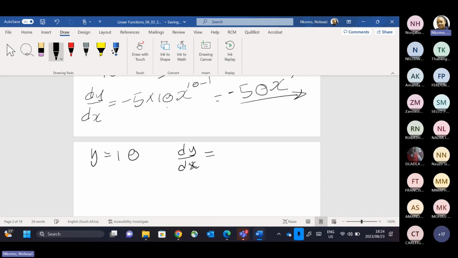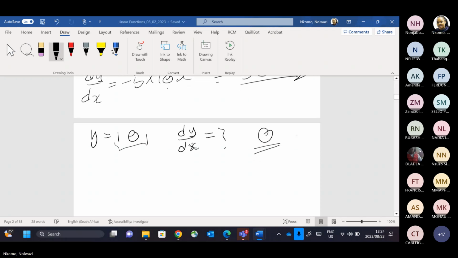Your dy over dx will always equal 0. It doesn't matter how big or small your constant is. The derivative of the constant will always be 0, right?